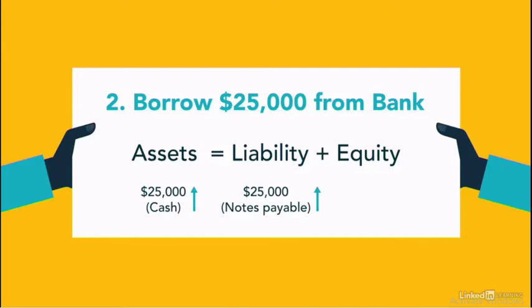Again, our assets, cash, increase by $25,000, and our liabilities, since we will have to repay this notes payable, increase by $25,000 as well. Note that so far, our accounting equation balances after each transaction, and in fact, we can always count on that. The accounting equation will always balance. The only instance in which it will not balance is when we've done something wrong.